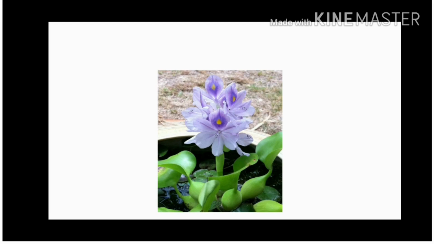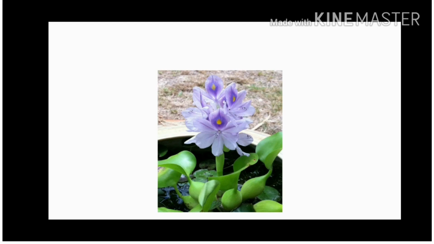Water hyacinth drains oxygen from the water, which leads to the death of fishes, and it is found in standing water. Draining oxygen is a very negative point.